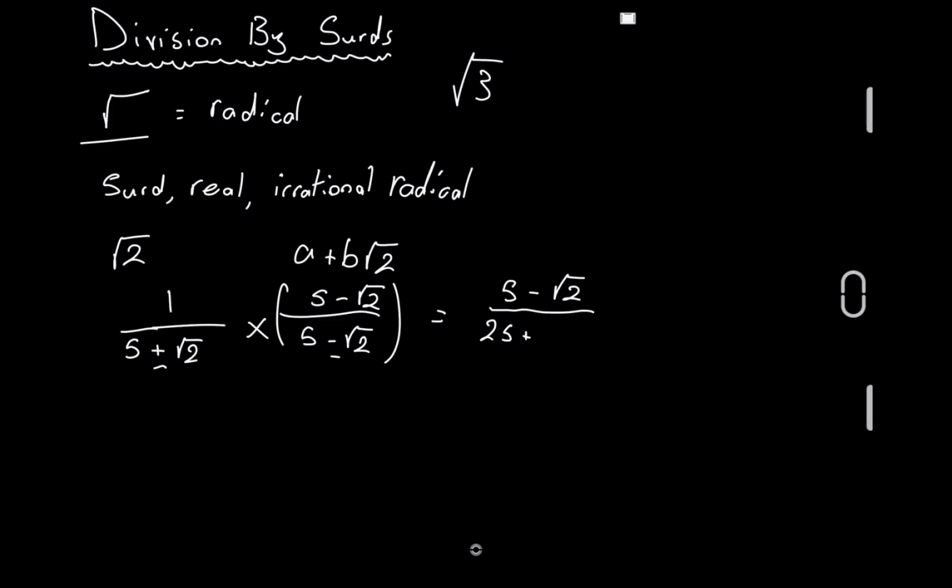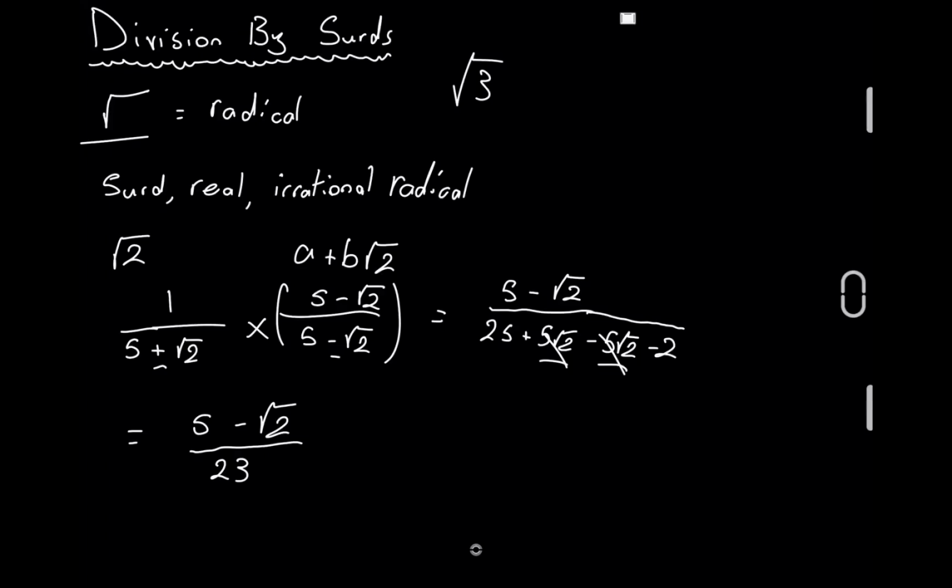So we're going to have plus 5 root 2, take 5 root 2. And now we've got square root of 2 multiplied by minus square root of 2, well, that's just going to be minus 2. Let's expand that out a bit, and you can see that this part here and this part here cancel each other out. Suddenly we're left with no radicals on our denominator. So this is going to be 5 minus root 2 divided by 23.